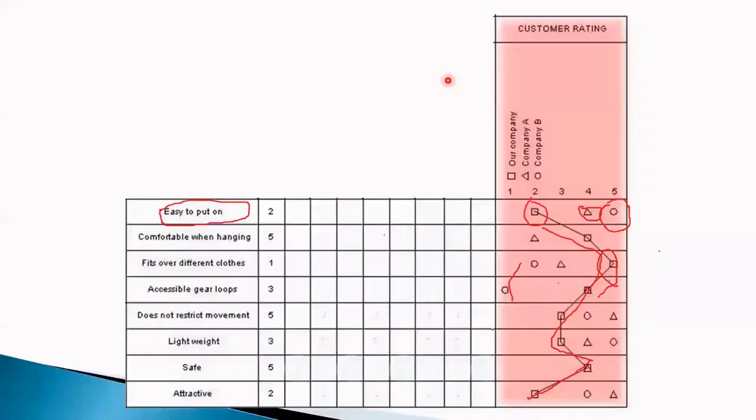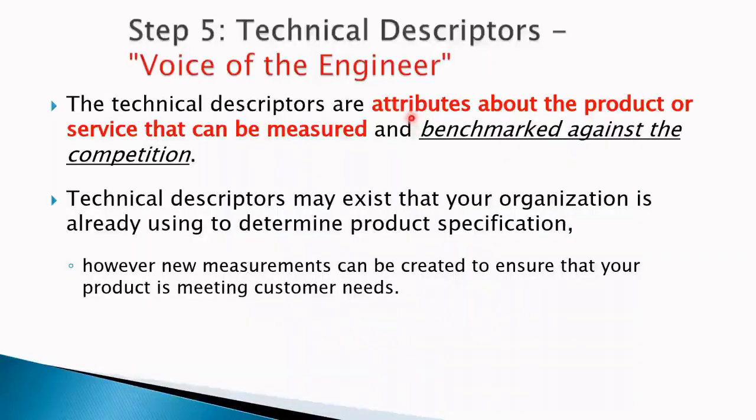Shall we go to the next step and see? Step number 5. Here, technical descriptors, voice of the engineer. The technical descriptors are the attributes about the product or service that can be measured and benchmarked against the competition.